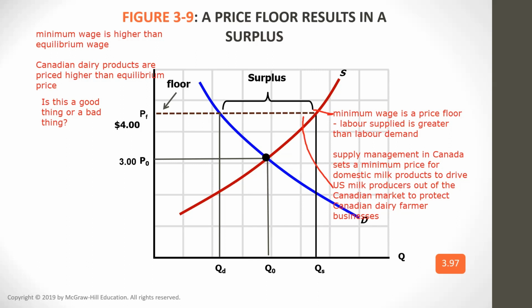So Canada couldn't compete with them in a lot of cases. That's why they have the system to price dairy higher, so the Canadian dairy farmers can survive.